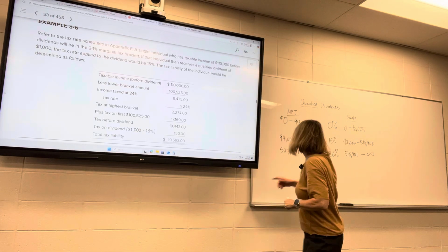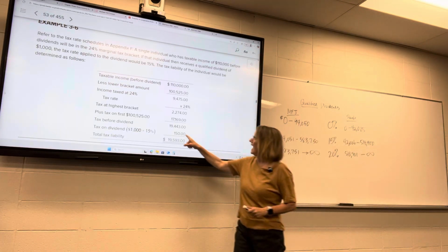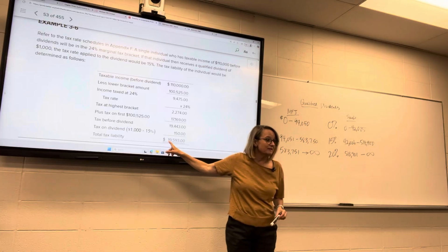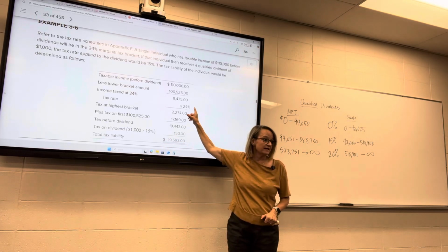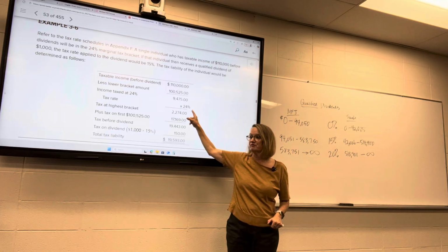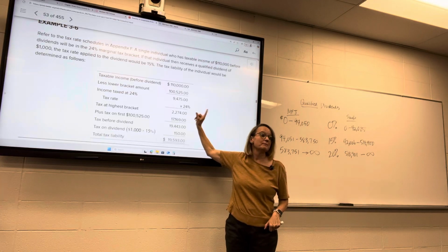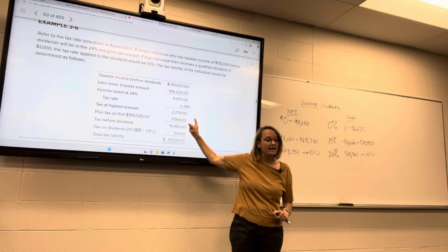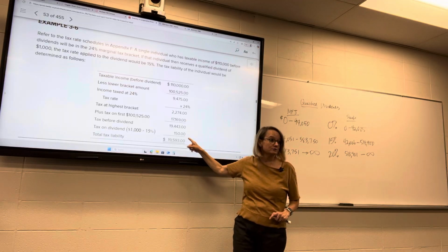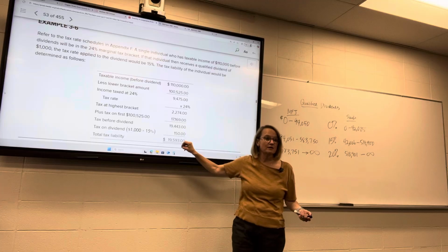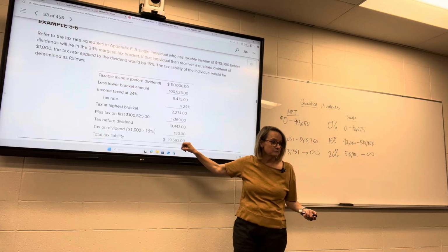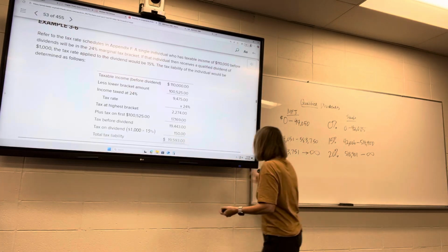If this dividend had not had special tax treatment, they would have paid $240 of tax on that dividend because they were in the marginal 24% tax bracket. But because it's a qualified dividend, they're paying $150. So they're saving $90 in tax because of that special tax rate on the dividends.